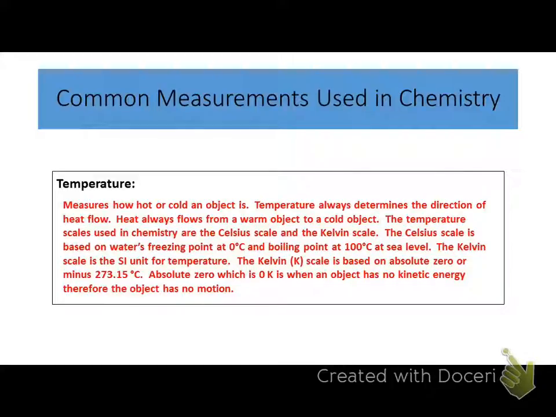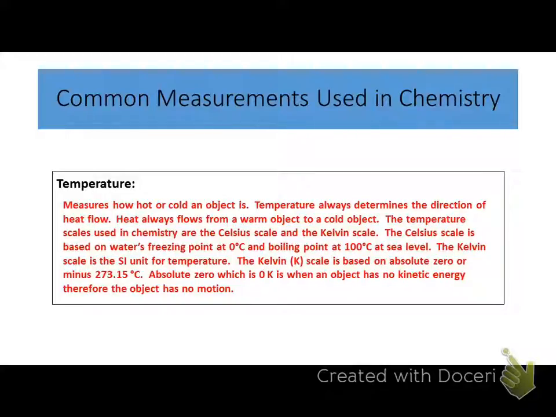What that means is that when an object is at 0 Kelvin, or at absolute zero, the object has no kinetic energy. Now, kinetic energy, by definition, is the energy that allows an object to have motion, moving parts, including the atoms that make up that object.